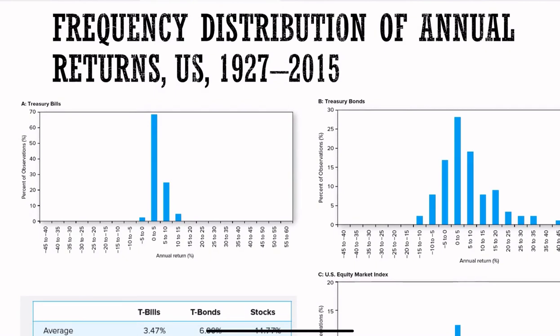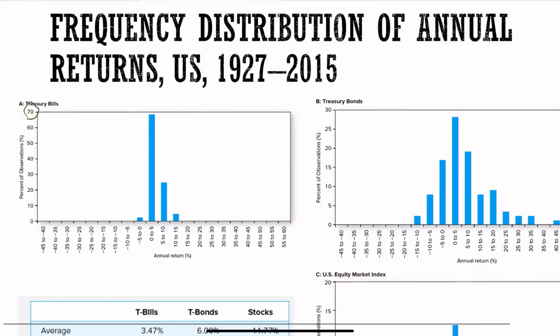If you look at T-bills, you can see that 70% of the time, T-bills have a return between 0 and 5. And of course, you can find out other numbers. But you can see that the distribution of T-bill returns has a small variance.